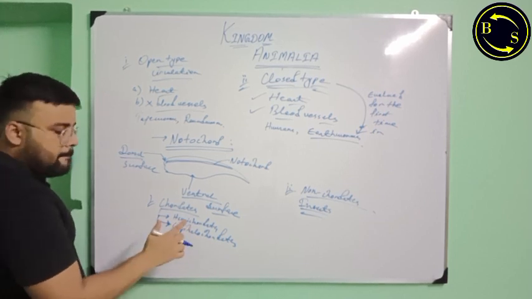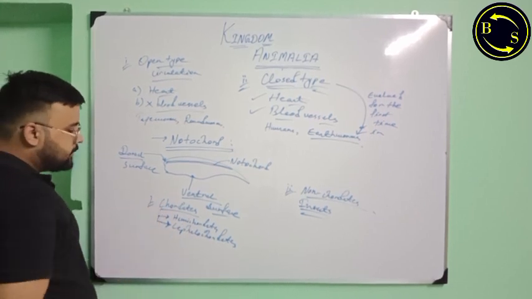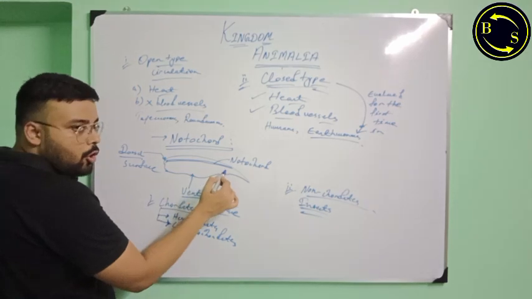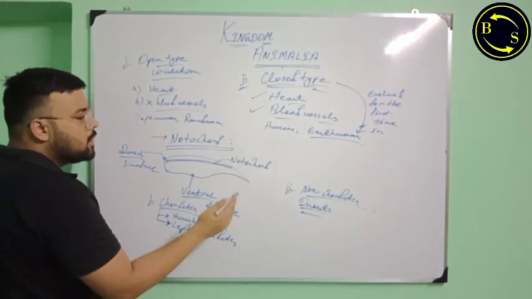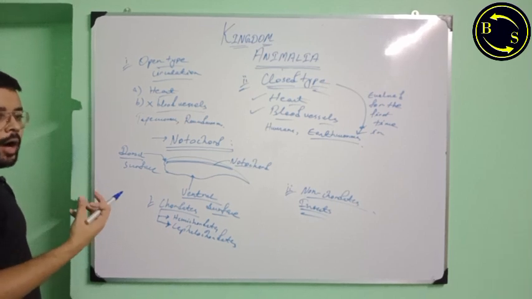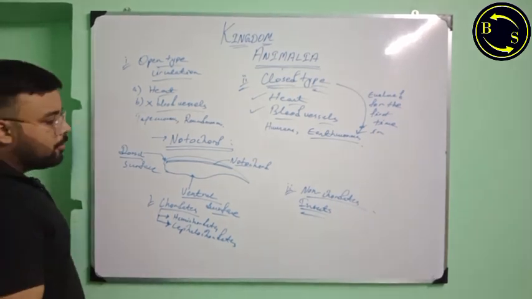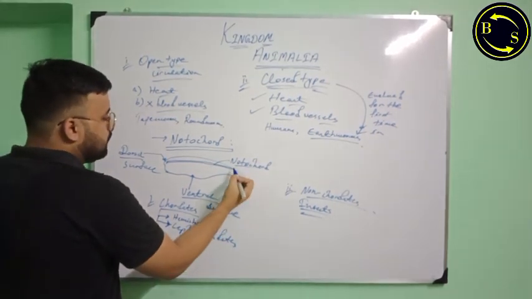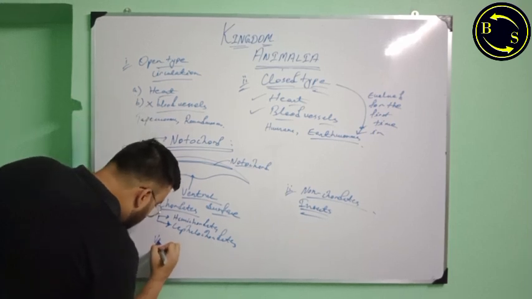And some group of chordates replace this notochord through evolutionary process by a bony vertebral column. They are known as vertebrates.